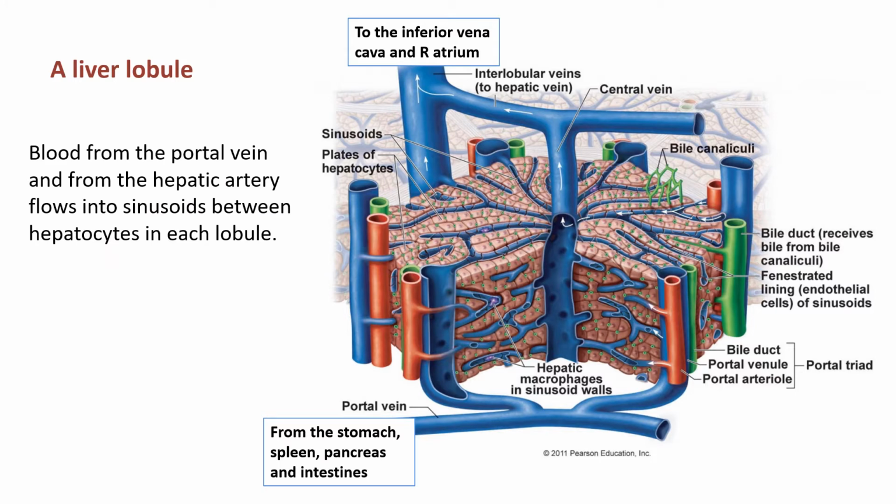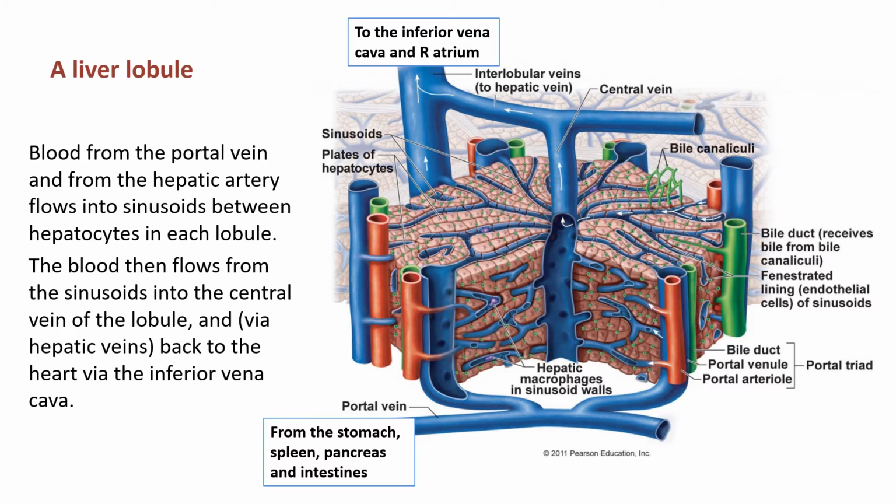So blood from the portal vein and the hepatic artery flows into the sinusoids between the hepatocytes in each lobule. The blood then flows from the sinusoids into the central vein of the lobule, and then eventually it will get to the hepatic veins, and from the hepatic veins it will return to the heart via the inferior vena cava.